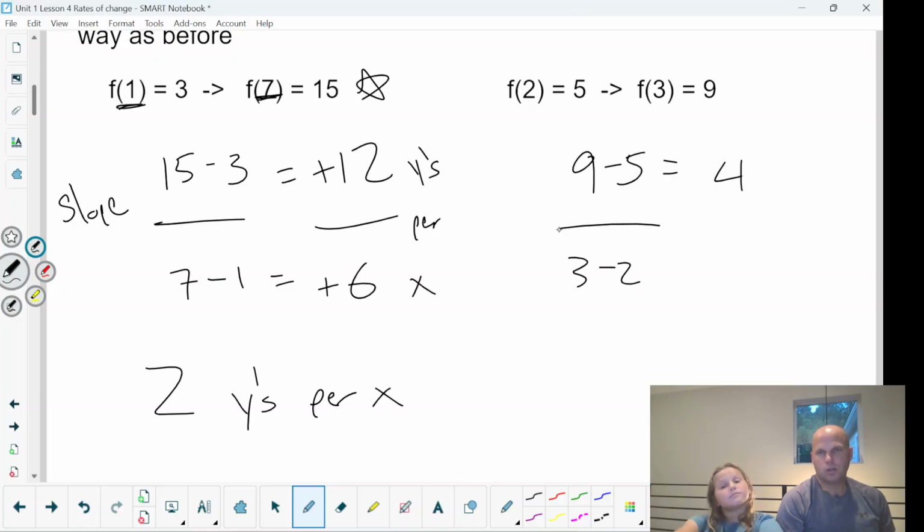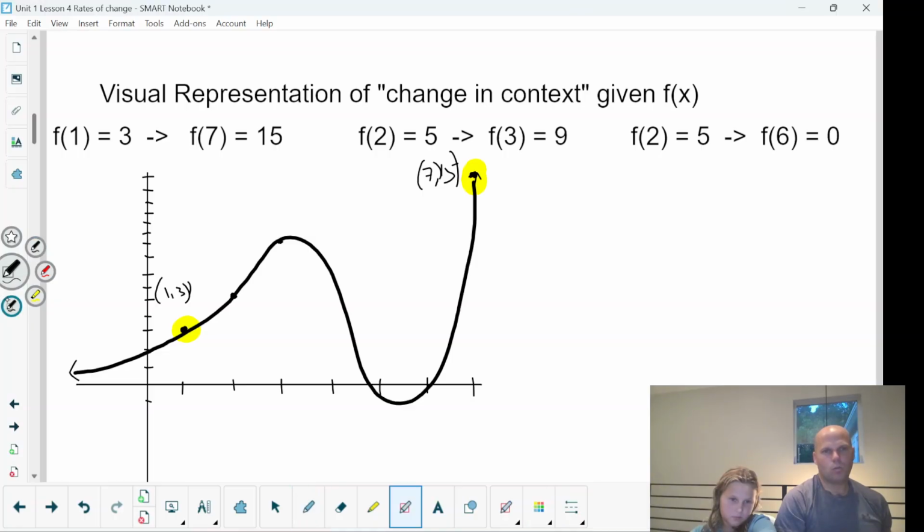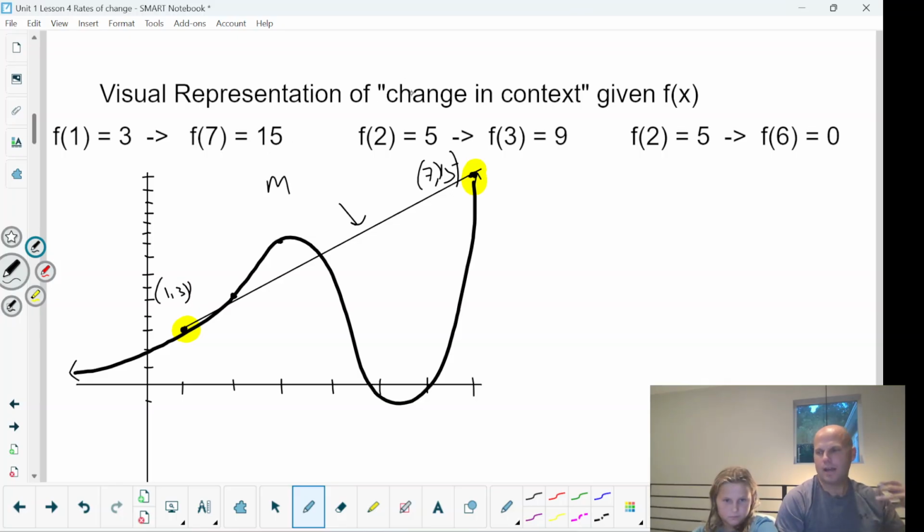Versus here, how much is the change from 2 to 3 for our x's? The change from 2 to 3 is 1. Cool. And all of a sudden, we see that with some context, we might answer differently who had more change. So what we can do is connect 2 points of a line, and it's the slope of this line that will tell us an average rate of change.